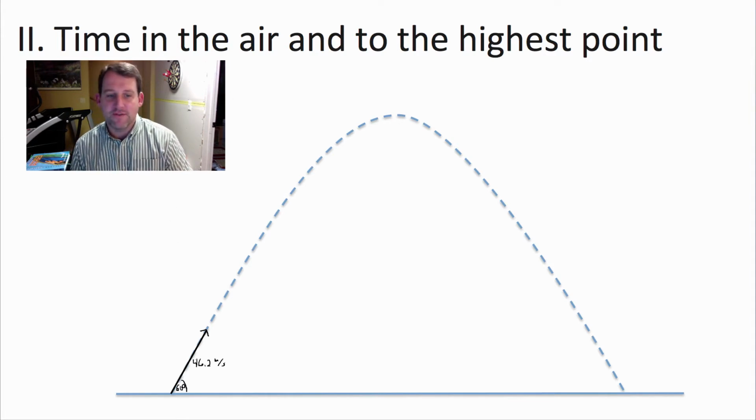Now our first thing to do is figure out how much speed that is, how much velocity that is in the horizontal direction and the vertical direction. Okay, so let me draw them first of all. So we can see from this drawing that this velocity is pointed to the side a little bit, but mostly pointed up. So our vertical velocity is going to be from here to here.